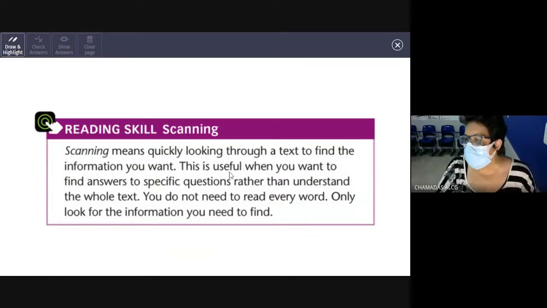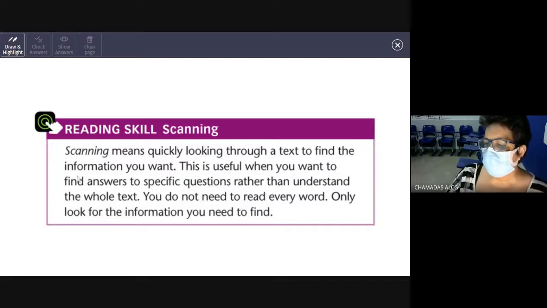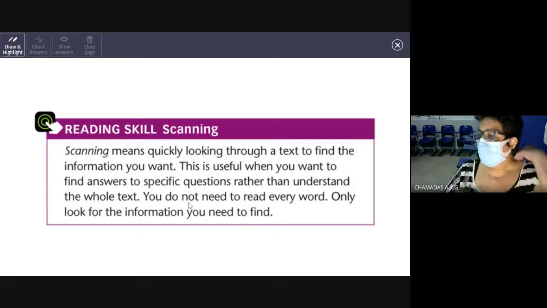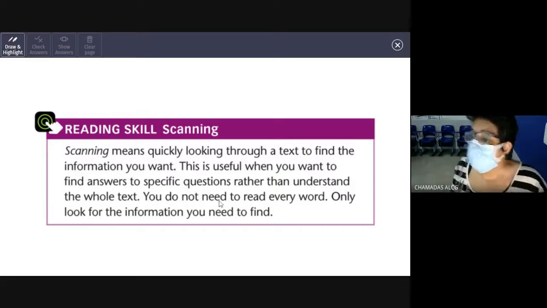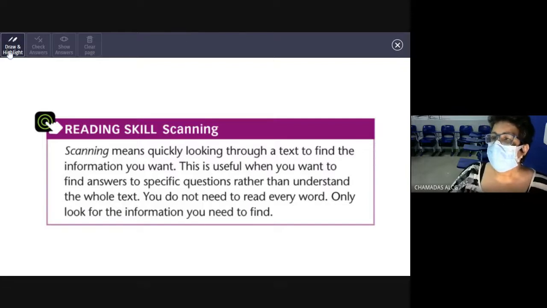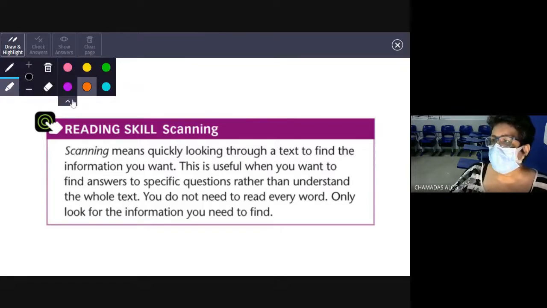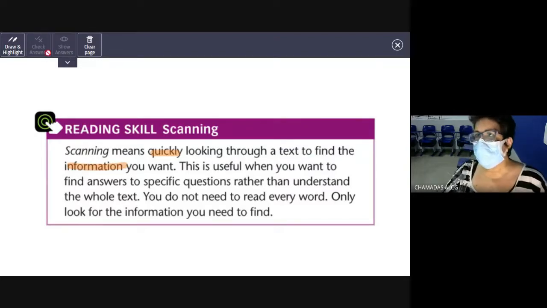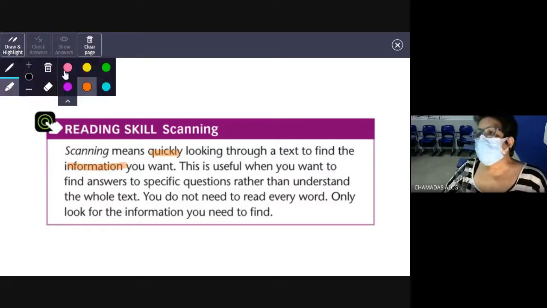This is useful when you want to find answers to specific questions rather than understand the whole text. You do not need every word. Only look for the information you need. So it's exactly that, okay, guys? It's quickly looking through a text to find the information you want. All right, people? So that's the idea.